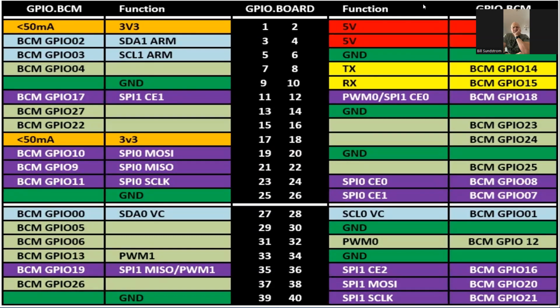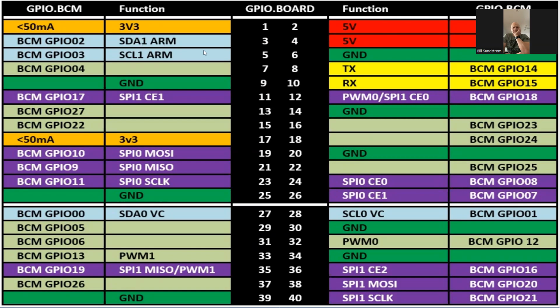We talked about GPIO, and most of the Raspberry Pis, in fact, I guess all of them, have a 40-pin I/O connector. And this is what the pinout looks like for most of them. In a lot of cases, you can have more than one function on a pin.